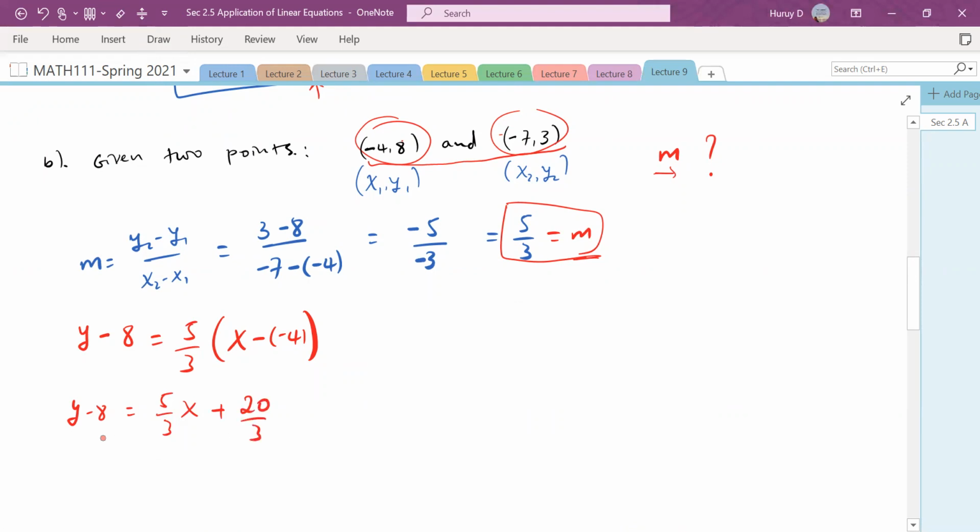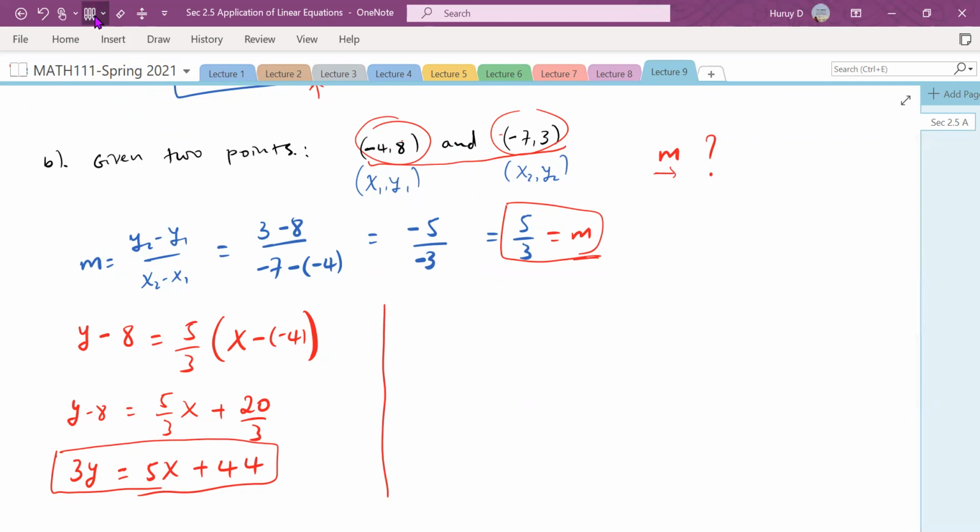And if we simplify this, we get 3y equals 5x plus 24 plus 44, I think. Let me see. 3y, this is 24, yes. So we have this. I know this is not the slope-intercept form, but you can simplify it, it doesn't matter because I'm just writing it this way.